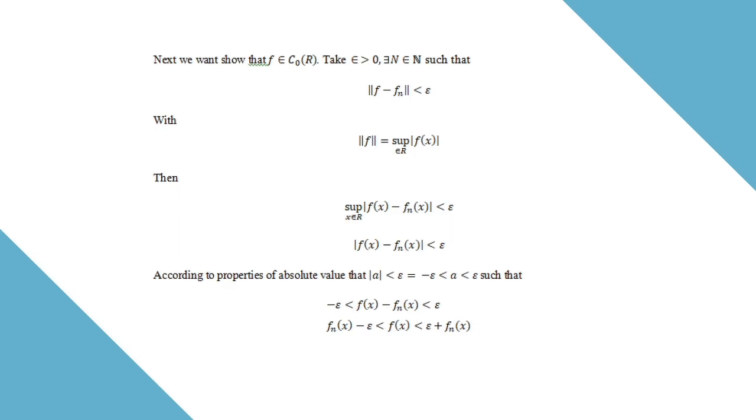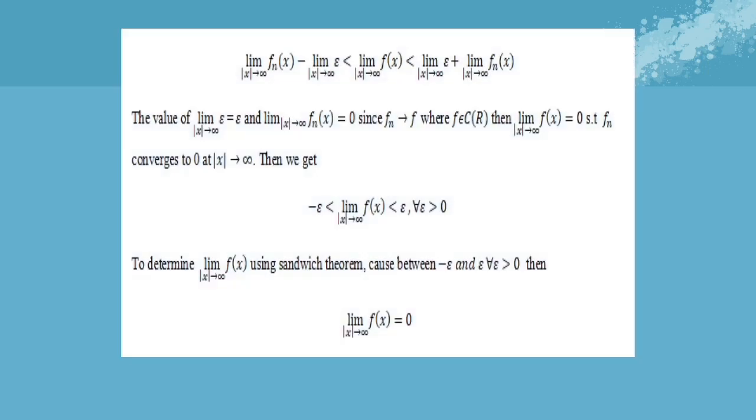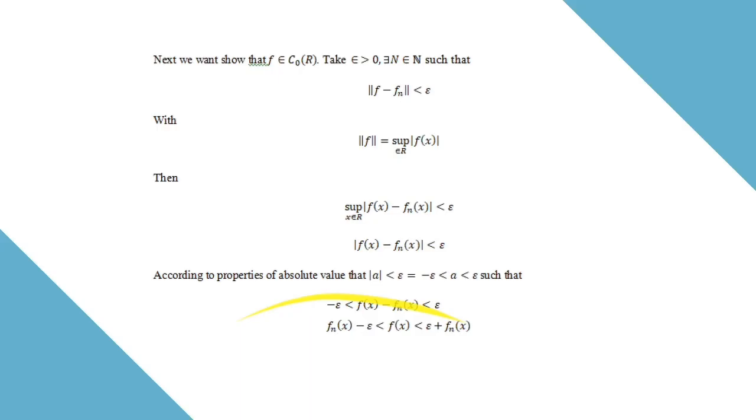According to the properties of absolute value, the absolute value of alpha less than epsilon is equal to minus epsilon less than alpha less than epsilon, such that we get this. Okay, from this to this.